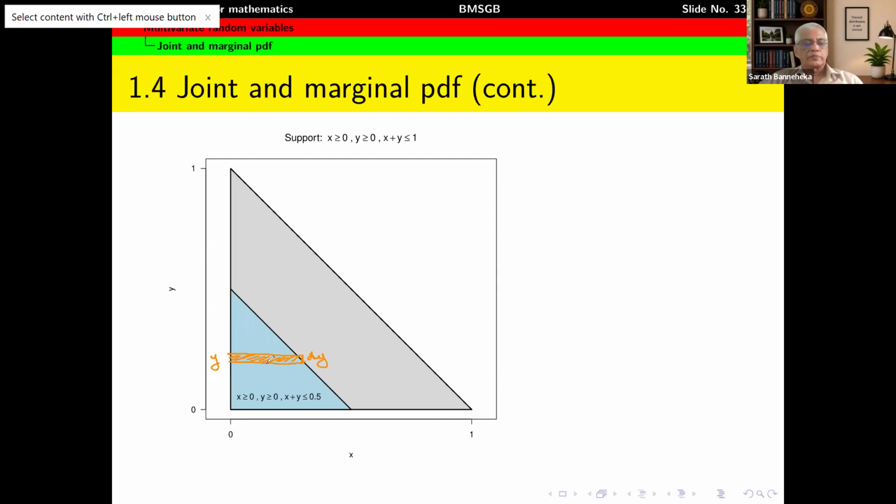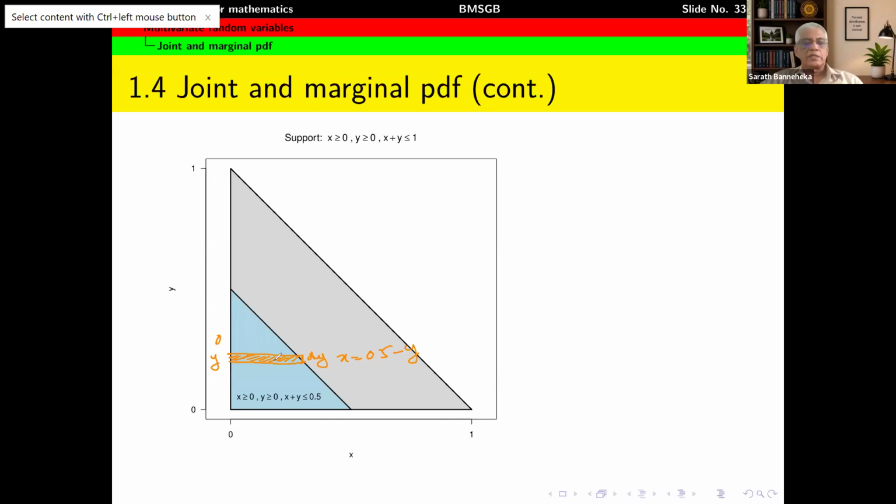But I'm considering the area under this, right? So y is fixed, x is changing. x is changing from 0 to, at this point, x equal to 0.5 minus y, right? Because the y value is here, at this point x is equal to 0.5 minus y.